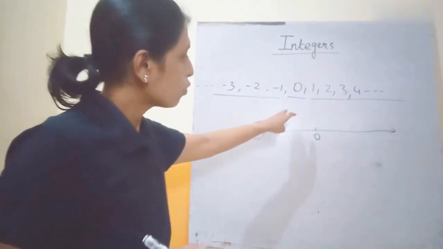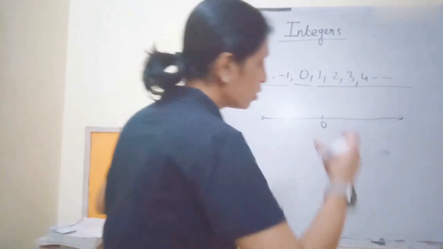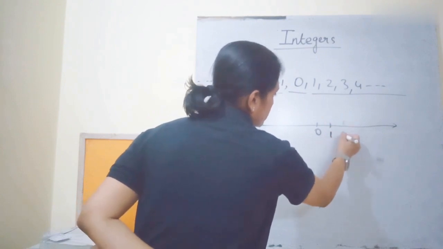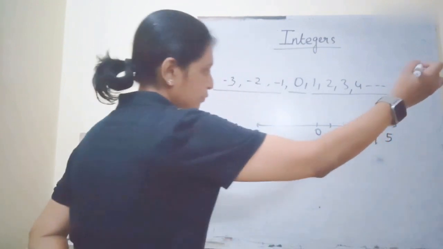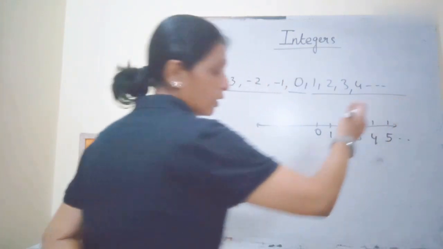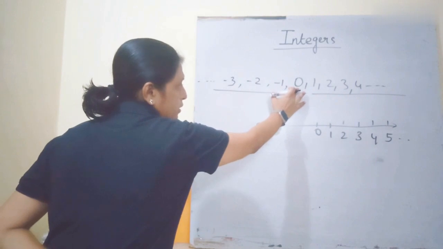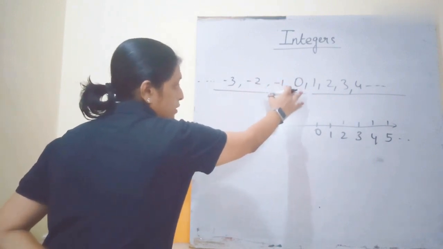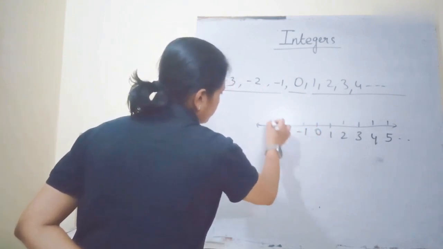Always remember that all the positive numbers are greater than 0. So on the number line, they come on the right hand side. Okay? And so on. While all these negative numbers, -1 is lesser than 0, -2 is lesser than -1 and 0, so it comes on the left hand side.